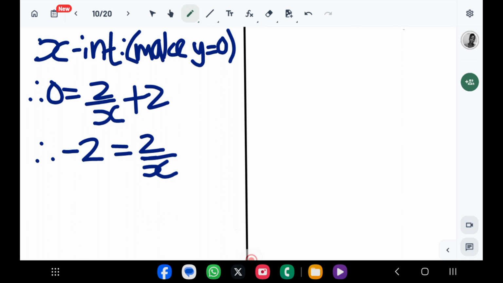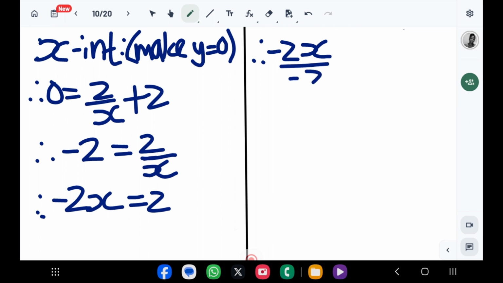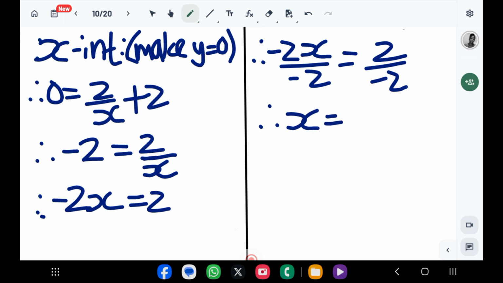Multiply both sides by x to get rid of the fraction. That's negative 2x equals 2. Divide both sides by negative 2. Therefore, negative 2x over negative 2 is equal to 2 over negative 2. The left hand side is x, the right hand side is negative 1. Therefore, the x-intercept is negative 1.